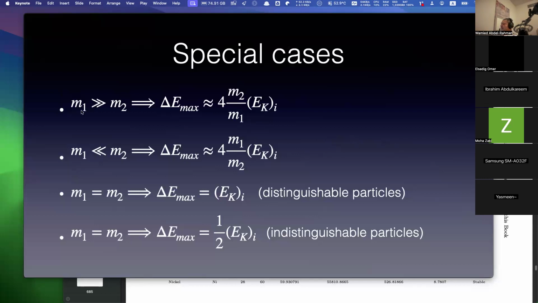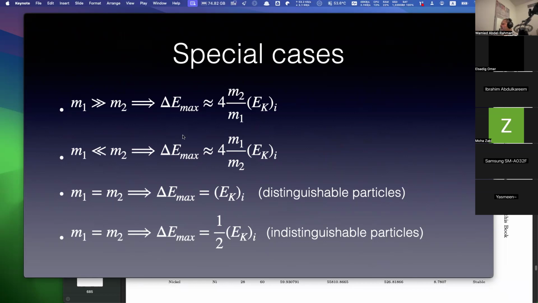So in the first case, the projectile was a proton and the target is an electron, this ratio is 1 over 2,000. 4 times 1 over 2,000, this is 1 over 500. In the second case, the projectile is an electron, that's the particle that has a kinetic energy, and the target is the proton. And again, this ratio is 1 over 2,000 multiplied by 4. Again, we get the same thing.